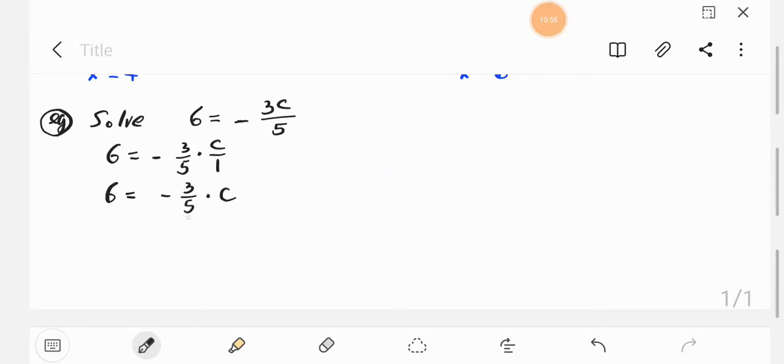So what is the reciprocal of negative 3 over 5? Isn't it negative 5 over 3, right? So let me rewrite the equation. 6 equals negative 3 over 5 times c.